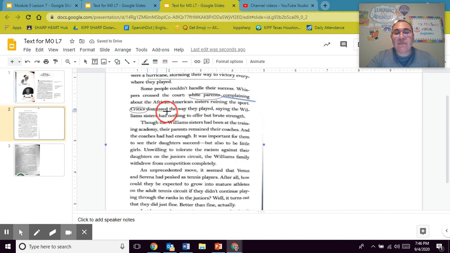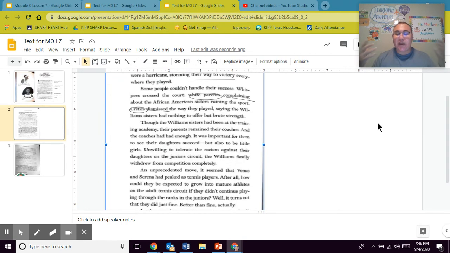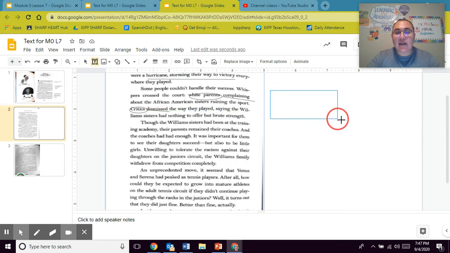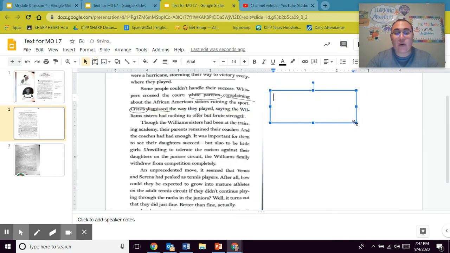They're dismissing them, and they're dismissing them because of their race, because they're African American. So the Williams sisters are experiencing racism. So I think that this paragraph is about white parents being racist towards the sisters.